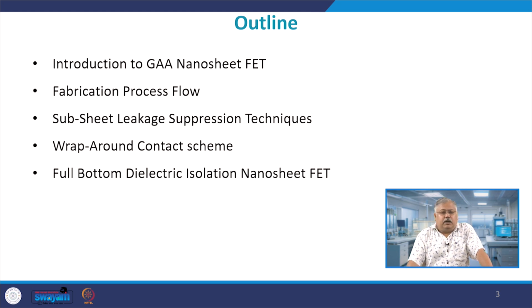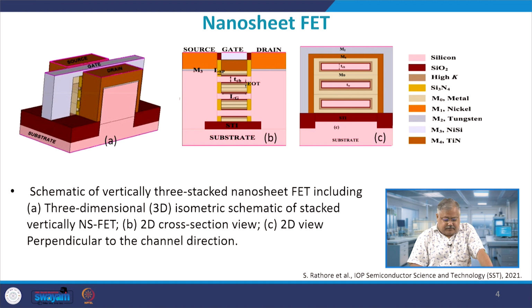We now take our leap into nanosheet FETs and look at the structure of the nanosheet FET, and then from that how can we derive the circuit aspects of nanosheet FET, and how do we optimize our nanosheet FETs in such a manner that the electrical characteristics of the device are the best available to us. So, that is the whole outline, or to an extent the objective of this particular lecture. Now, let us look at the nanosheet FET.